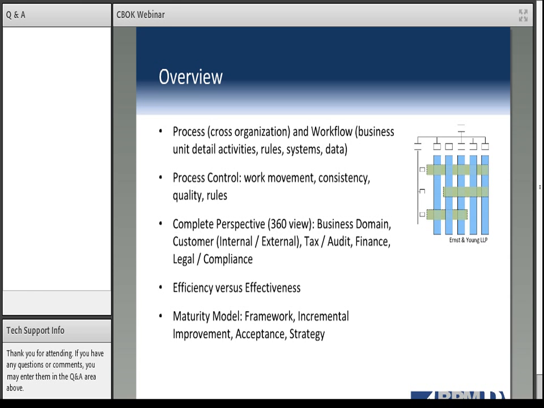It's also critical to understand process control. So how is work moving? Is it consistent? Is it the right level of quality, and are the rules consistent in nature? I've seen clients where, because the process view is simply not there, they're really organizationally focused, and they're exposing functionality to clients, be it an online view, through the IVR, or talking to a rep.